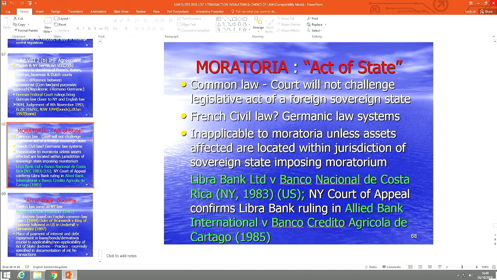Therefore, said the courts in two cases, the act of state doctrine doesn't apply in this scenario.